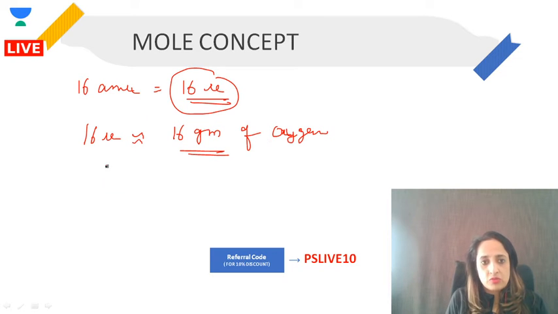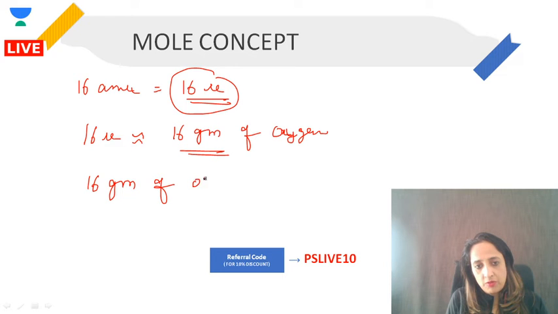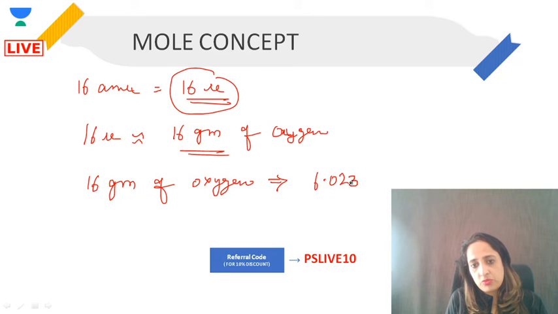All right, so now that means this 16 grams of oxygen is equal to 6.023 into 10 to the power 23 atoms of oxygen.